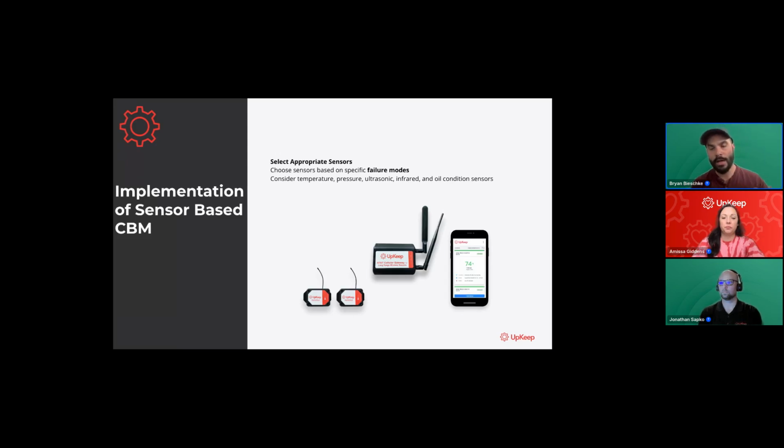So we have to know these failure modes so that we can identify a sensor that's going to help remedy or at least give us an idea of when these failure modes are likely to occur so that we can take action. It can be anything. We've talked about a ton here, and they're all available.